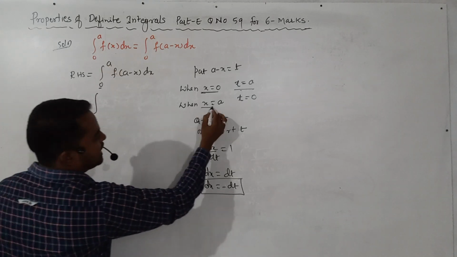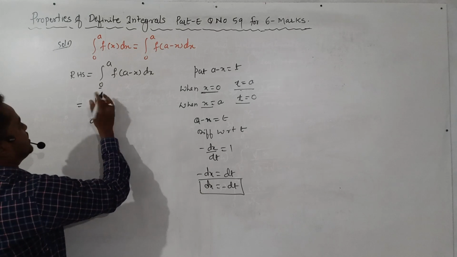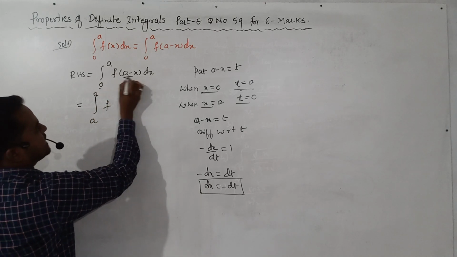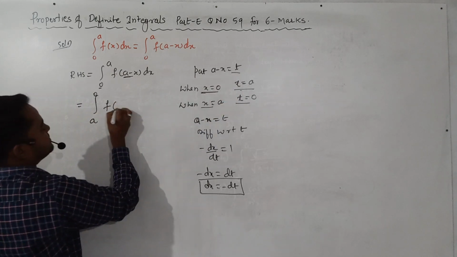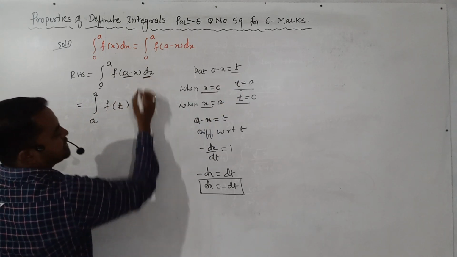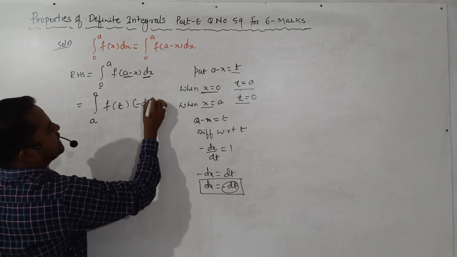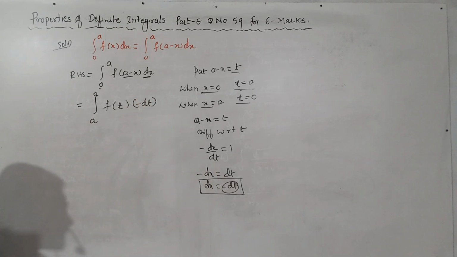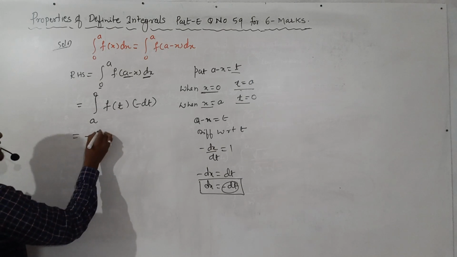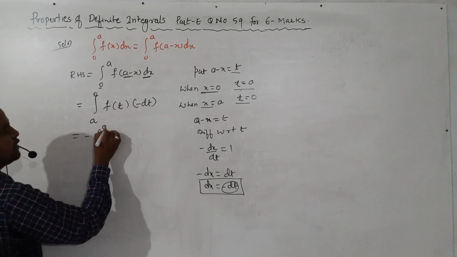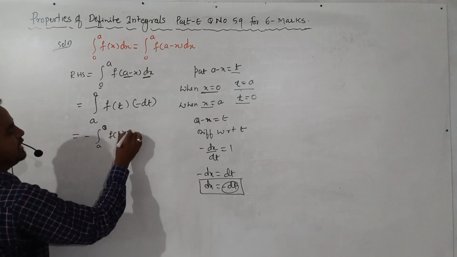When x is equal to a, t is 0. Then f of a minus x means f of t, and dx means minus dt. Now take this minus sign outside: minus integral from a to 0 of f of t dt.